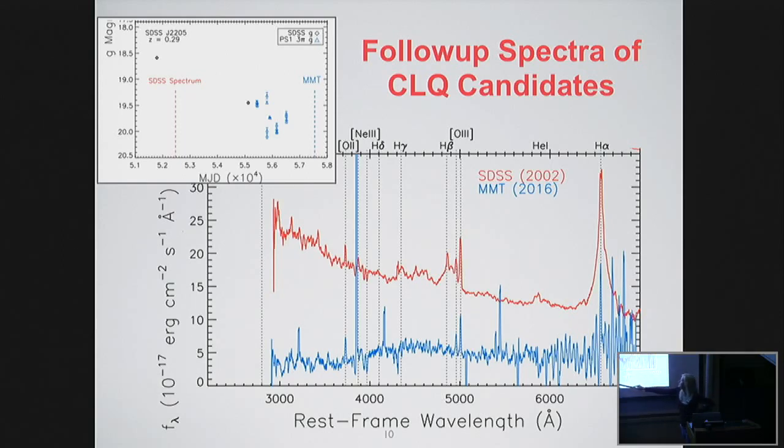And in blue is the MMT spectrum. If you ignore these noisy spikes, you can see there's no evidence of any broad H beta emission. It is very noisy in the red part, so it's hard to tell what exactly happened with H alpha. But the blue continuum definitely seems to have vanished.